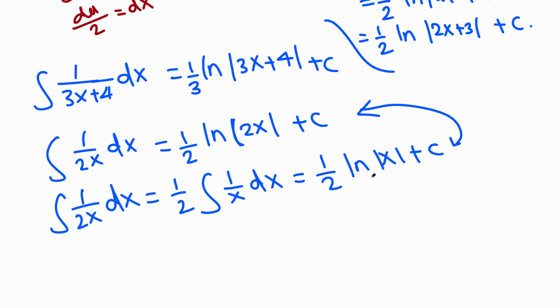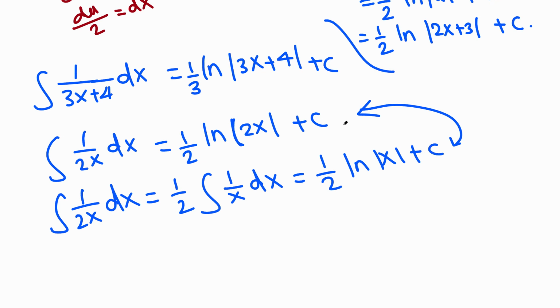In fact, these two are equivalent because c is an arbitrary constant. If you take the derivative of either one, you're going to get 1 over 2x. These c are not the same c; each is a different arbitrary constant.